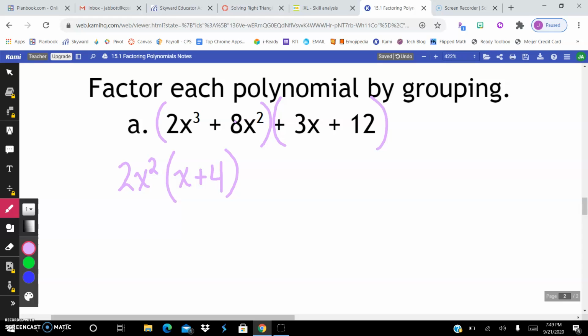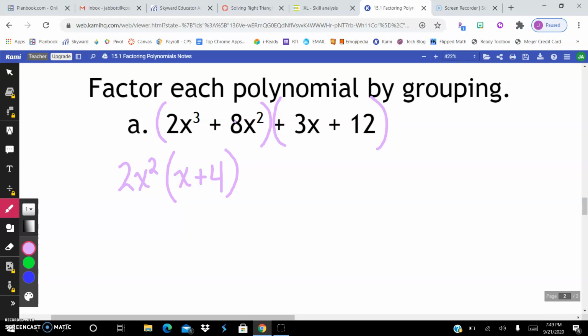If you can't look at that problem and do all of that in your head, you are more than welcome to write it all out like I did all the other problems beforehand. I just think that 2 and 8 was an easier problem to factor out of, so I didn't write it all out. Same thing here with 3x and 12.